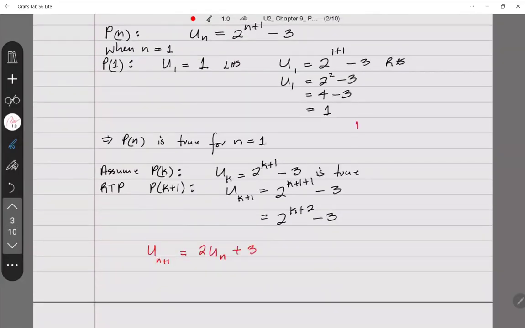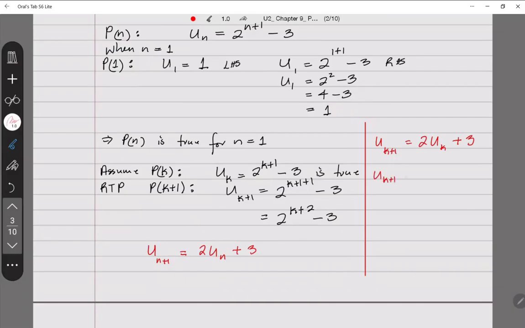So what that means is this, that Uk plus 1 would be equal to 2 times Uk plus 3. Do you agree? Let me know. So then this now becomes what?